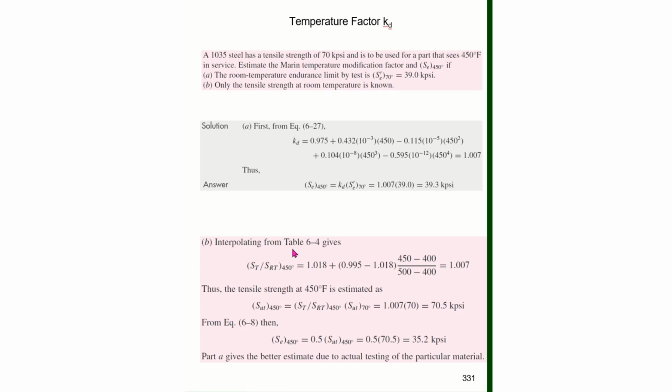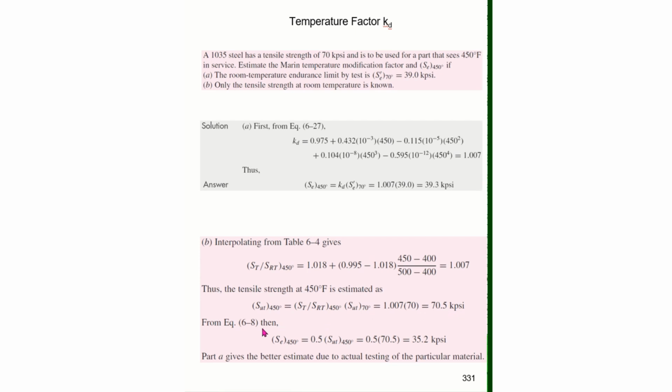Now, interpolating from table 6.4 gives us this expression here where we get 1.007. Same way we could have computed it up here. The interpolation essentially does the same thing. So the tensile strength at 450 is estimated to be given by this expression here, which gives us 70.5 kpsi.